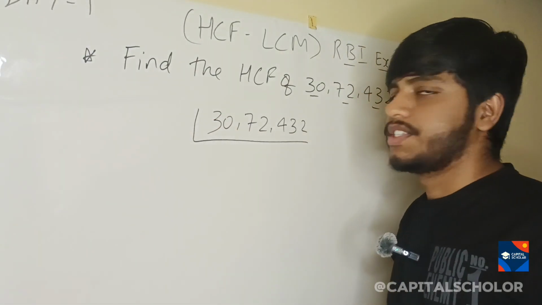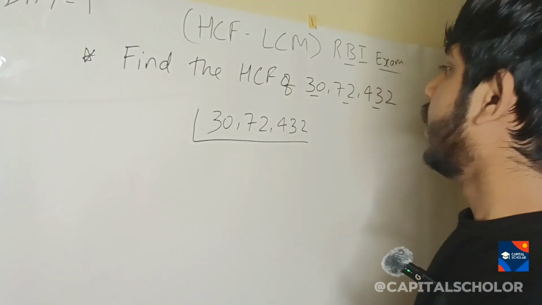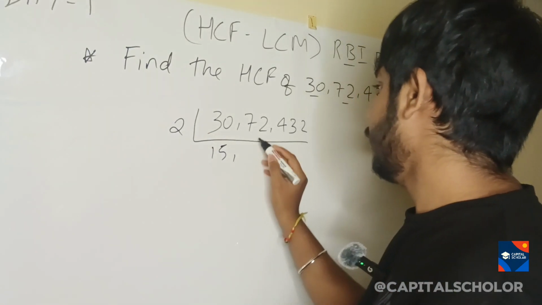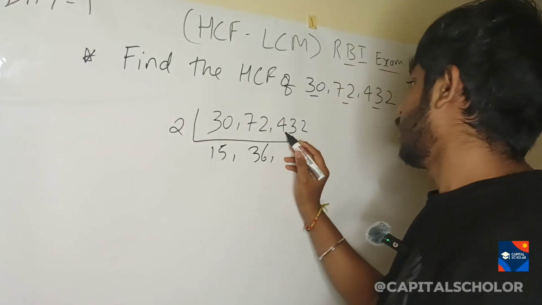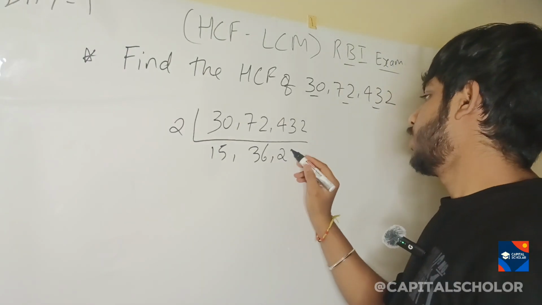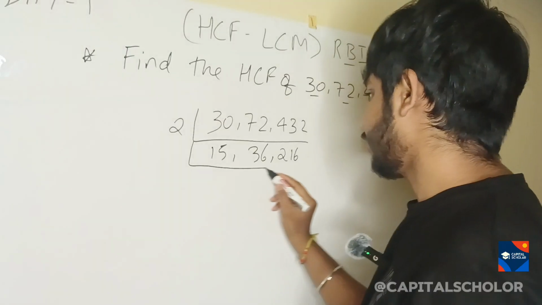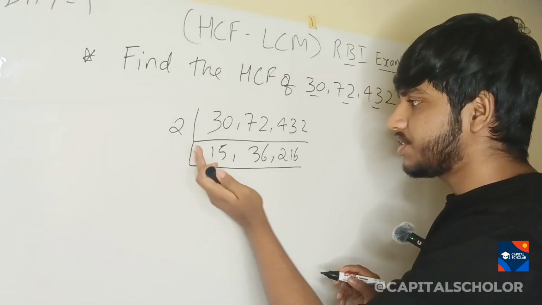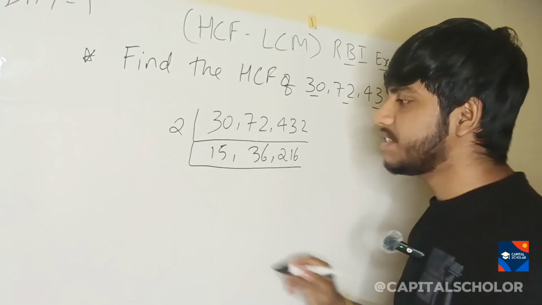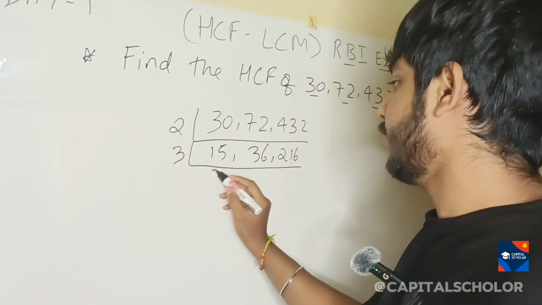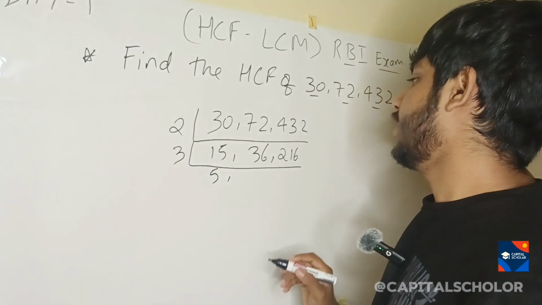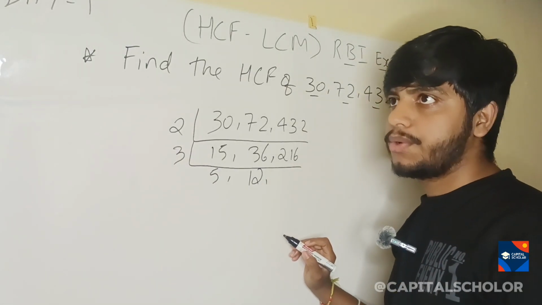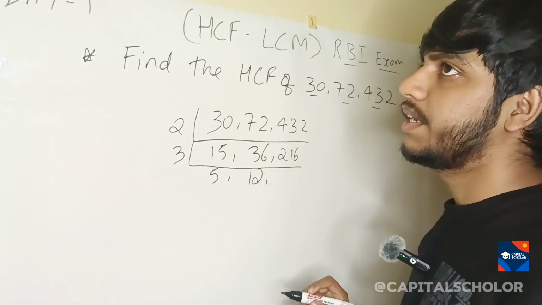Now let's draw a line, and first we will divide by 2 to get 15, 36, 216. In this, the number which can divide all three is 3.